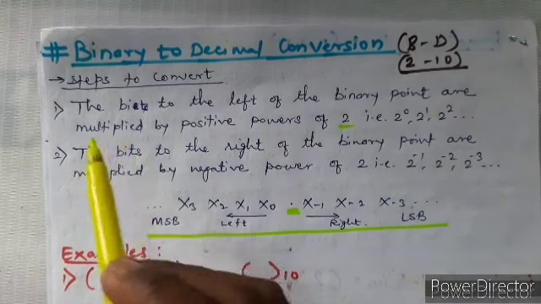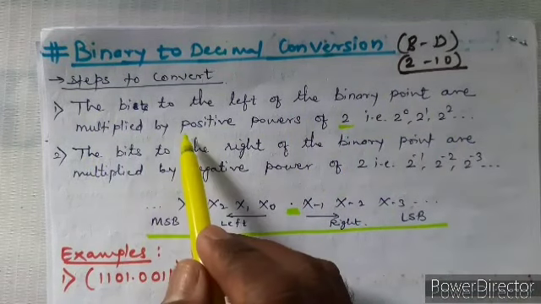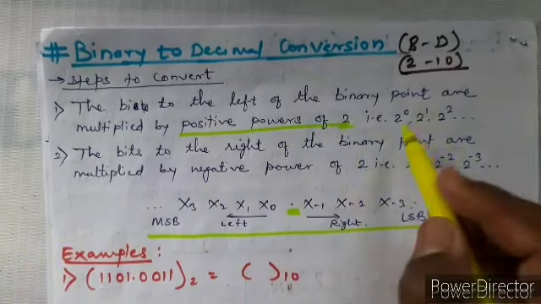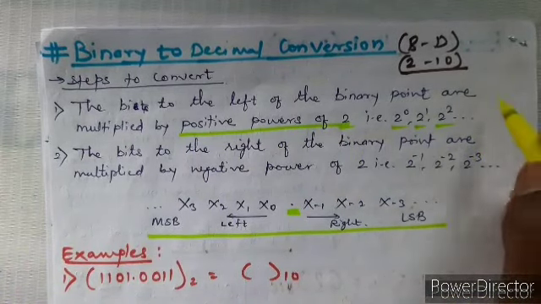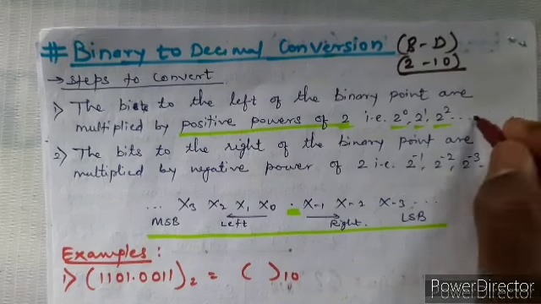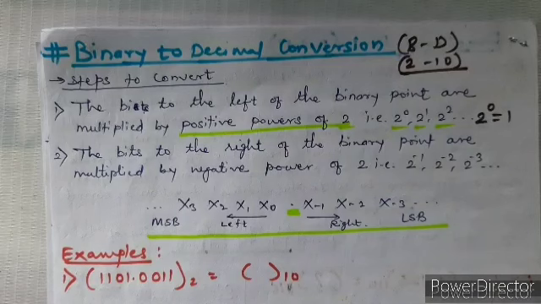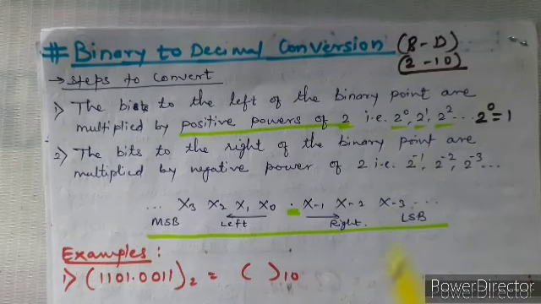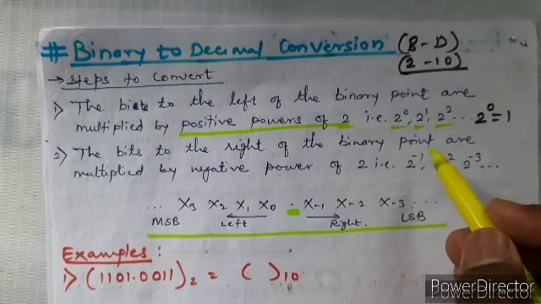So, I will repeat the first step. The bits to the left of the binary point are multiplied by positive power of 2. So 2 raised to 0, 2 raised to 1, 2 raised to 2. And just to recall, we have seen anything raised to 0 is equal to 1. Then 2 raised to 1 is 2, 2 square is 4, 2 cube is 8, and likewise.